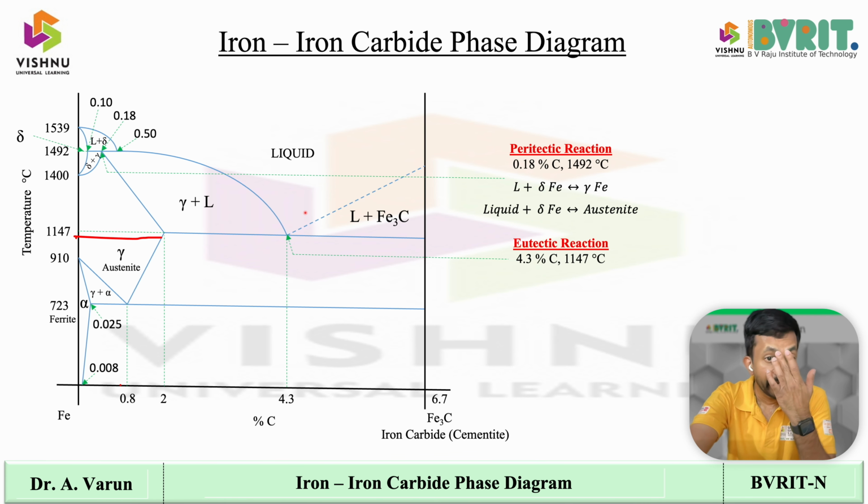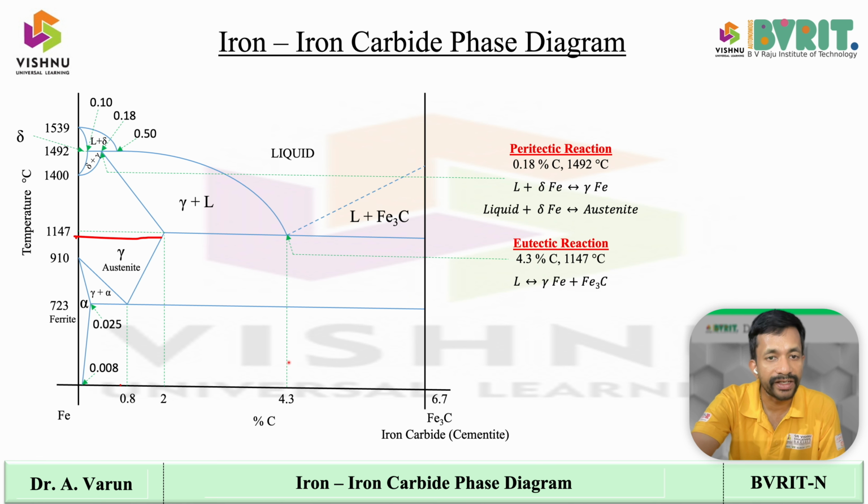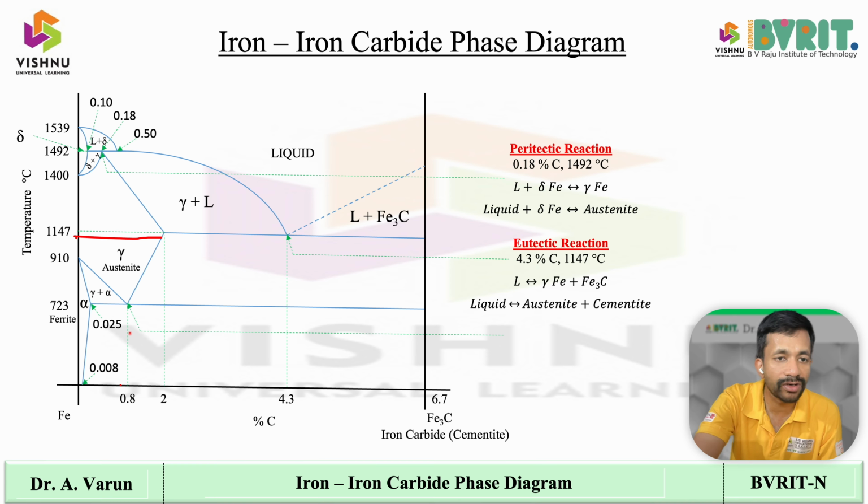All right. So here at 4.3 percentage of carbon and 1147 degrees centigrade, we have another reaction in which liquid transforms into the ends of the line. This end is gamma, and this end is Fe₃C. So liquid gives rise to austenite plus cementite, and this mixture is called ledeburite, an austenite plus cementite mixture.